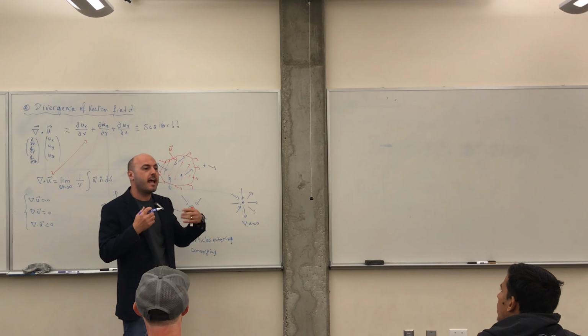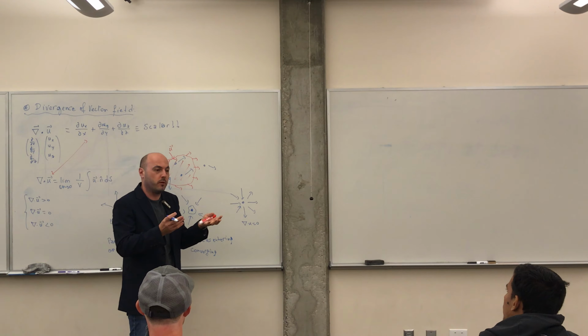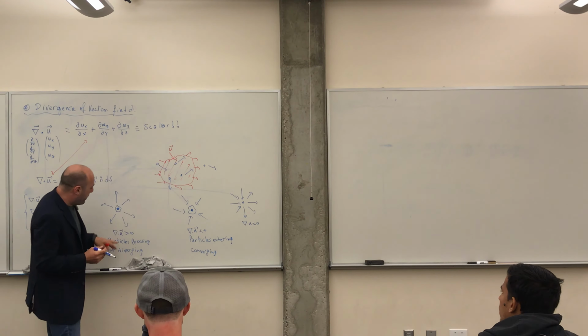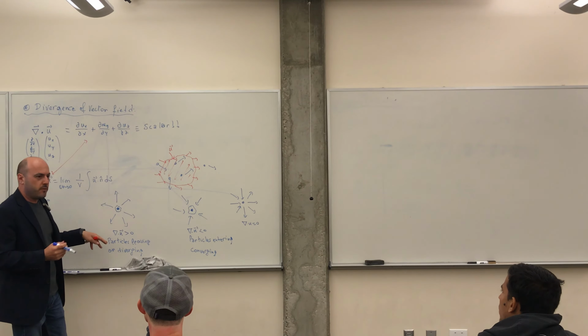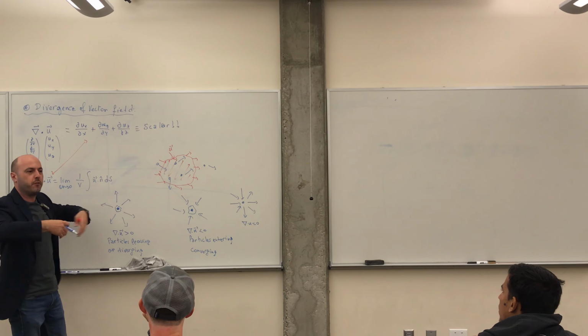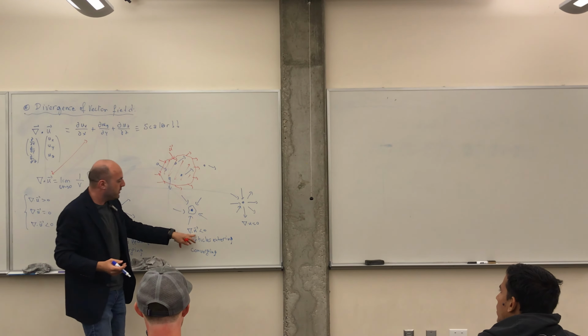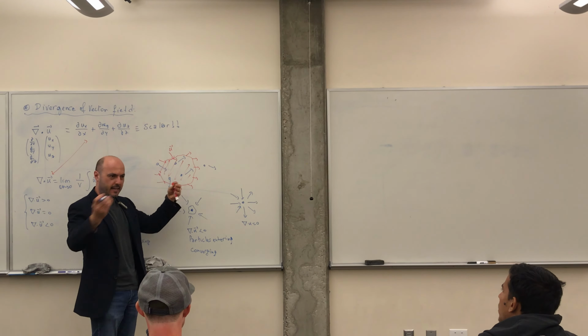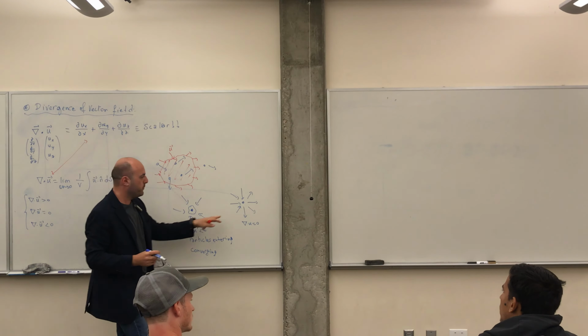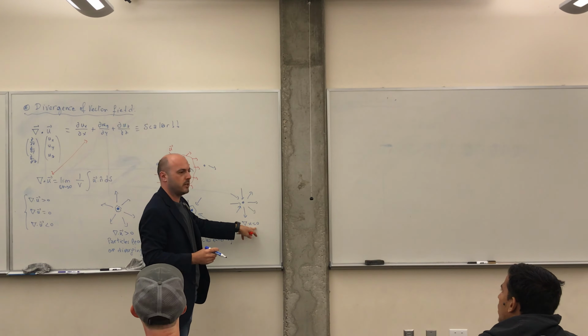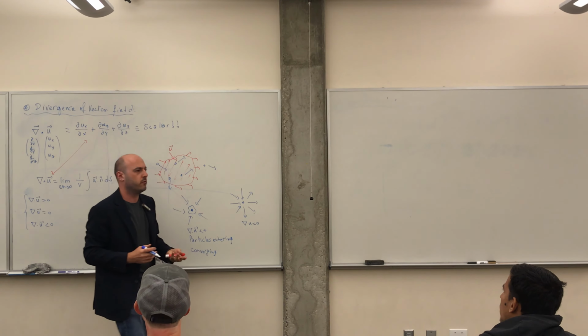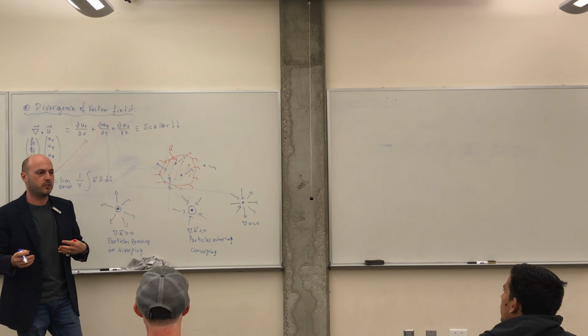So div u is the net outflow of fluid volume. So when you think about it, if div u is positive, there's outflow of fluid because it's the net outflow of fluid volume. Div u is negative, there's a net inflow of fluid volume. And div u is equal to 0, there's no change in the fluid volume. What's coming in is leaving.